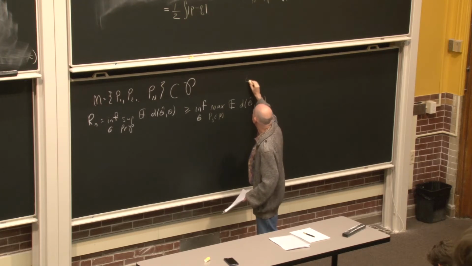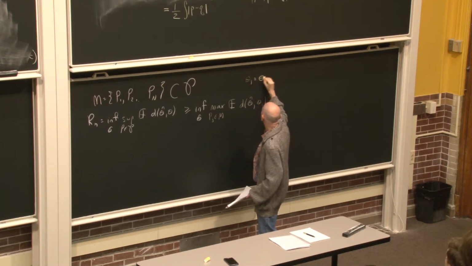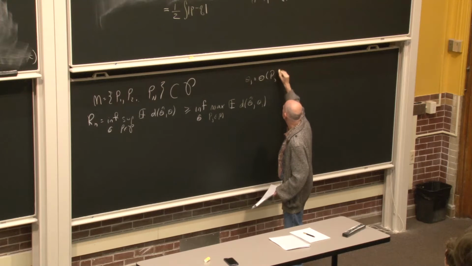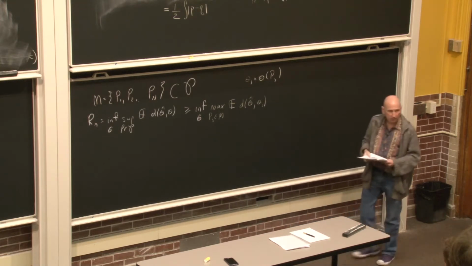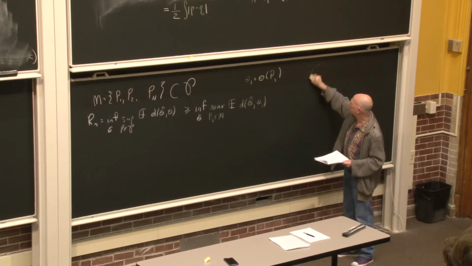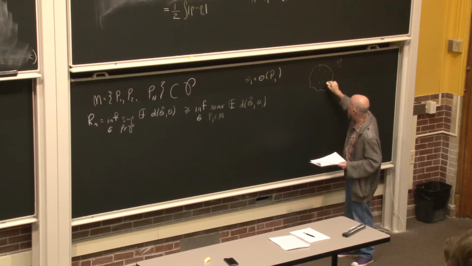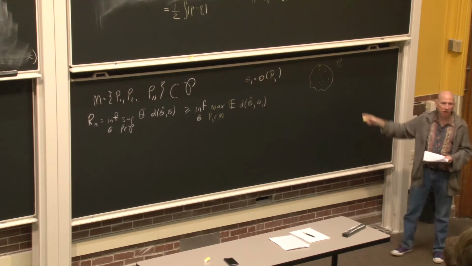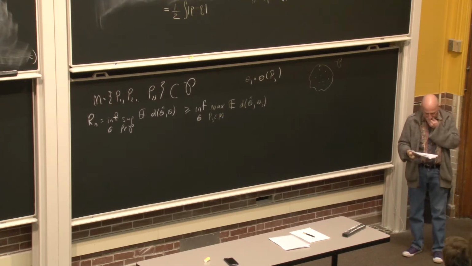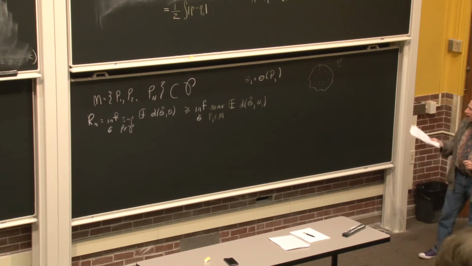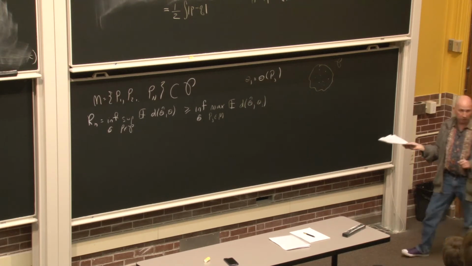Theta j here just means theta of pj. So we automatically get a lower bound. If I take this set of distributions, script P, and just pick out some finite set of distributions and just solve the problem over this finite set, then I automatically get a lower bound.